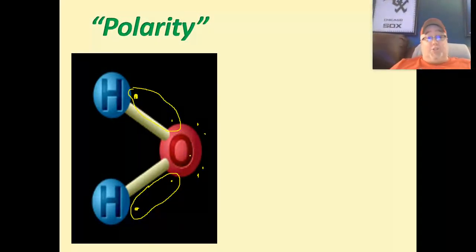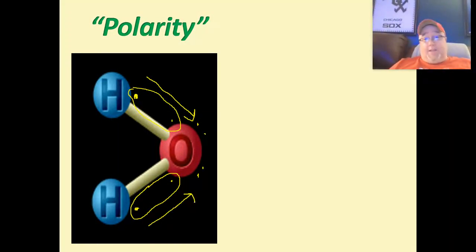Oxygen is an extremely strong atom. So these electrons, which remember are negatively charged, they actually get pulled in this direction. The same thing down here. These electrons, even though they're being shared, get pulled again towards the oxygen.